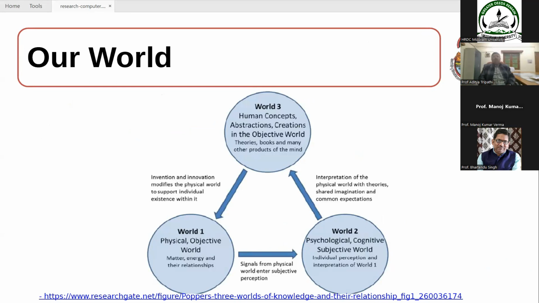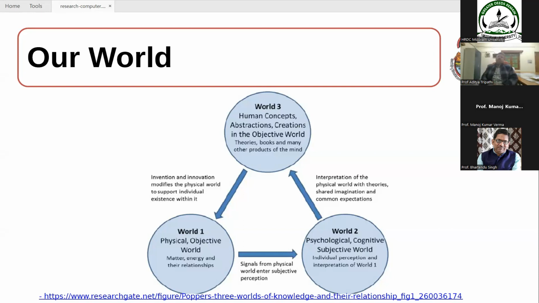As information science as a discipline, if you study, there was a philosopher called Karl Popper. He distributed the world of the intellectuals into three parts. The first he called World One.